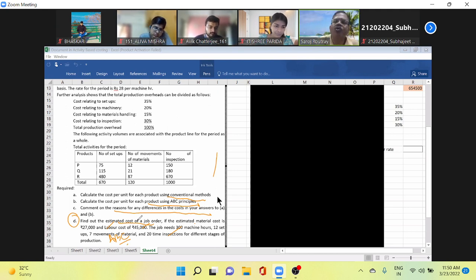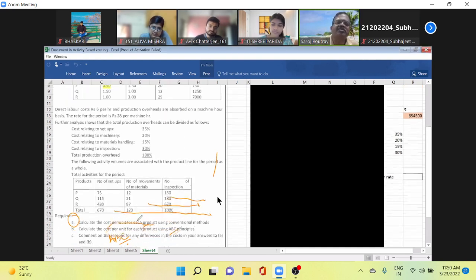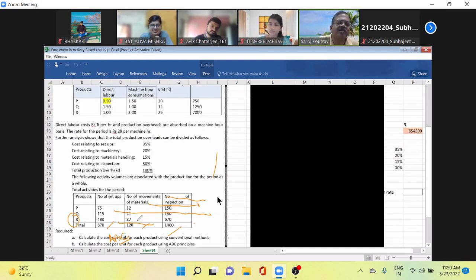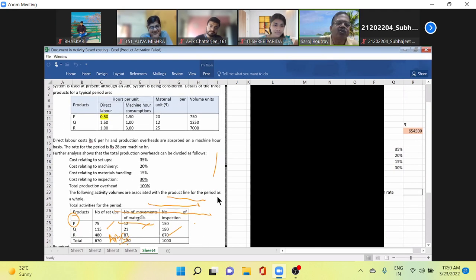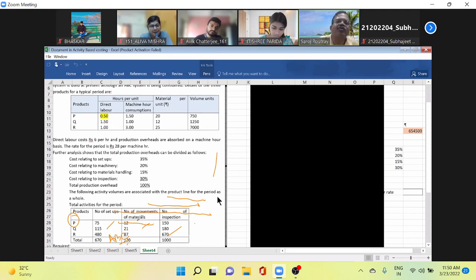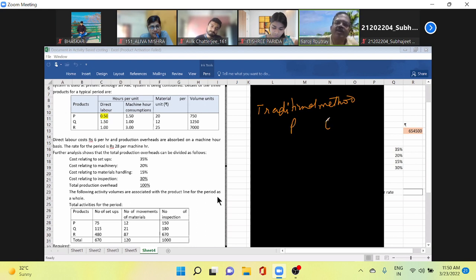Okay. So what I want, because you all are very intelligent students, this is my assumption, I want all of you to do one calculation. We already have done the traditional method. I want all of you to calculate P, Q, and R. This is the number of units.